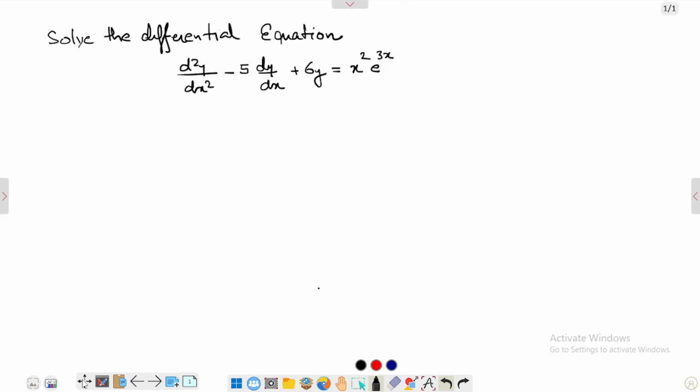Now, if this kind of problem is given to you, there will be two types of solution. First, a complementary function solution, and then we have to find out the particular integral solution. So first of all, I will do the complementary function solution.